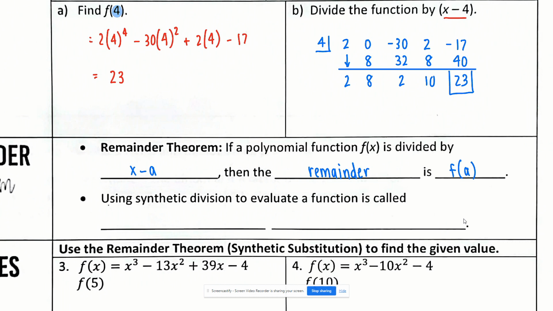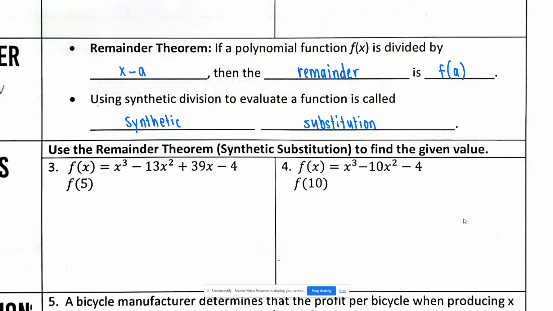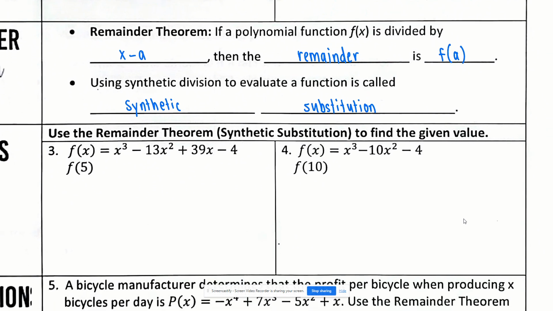So we're going to use synthetic division to evaluate a function, and that is called synthetic substitution. Not a crazy thing to have to memorize. We use synthetic division to evaluate a function.